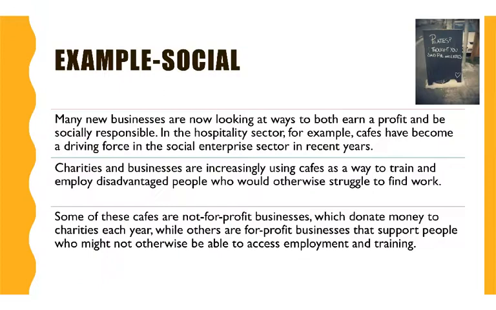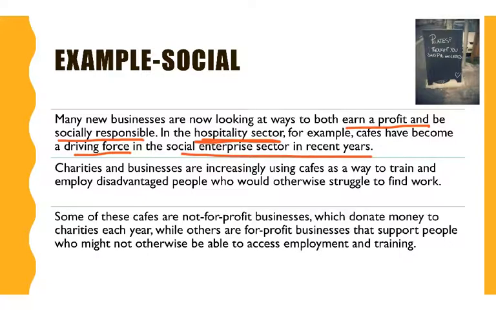So here's an example. So many new businesses are looking at ways to earn profit and be socially responsible. So for instance, in the hospitality sector, so selling, restaurants, bars, etc. For example, cafes have become a driving force in the social enterprise sector in recent years.